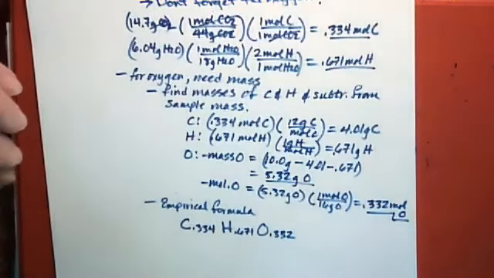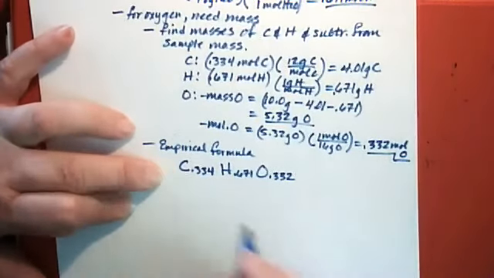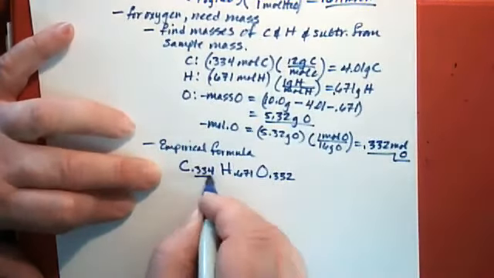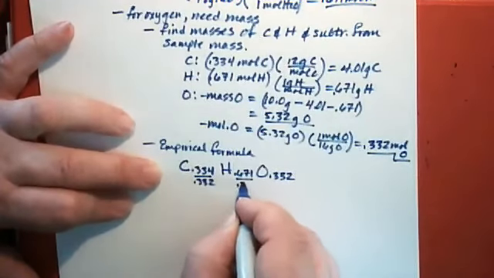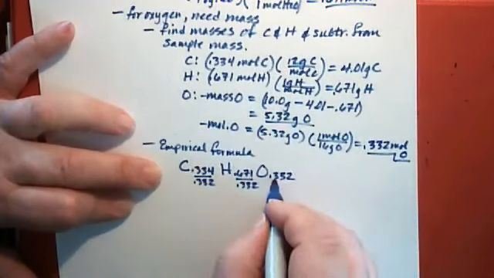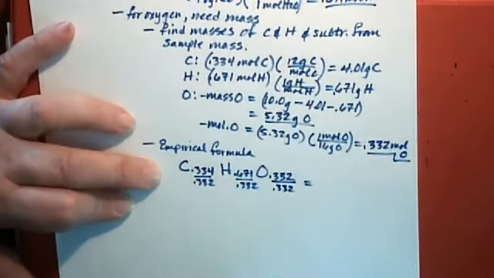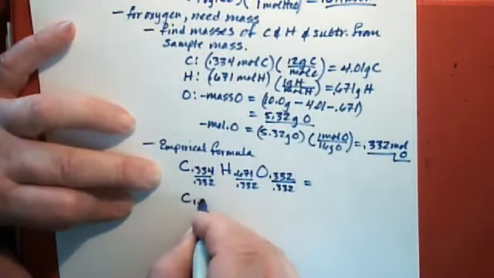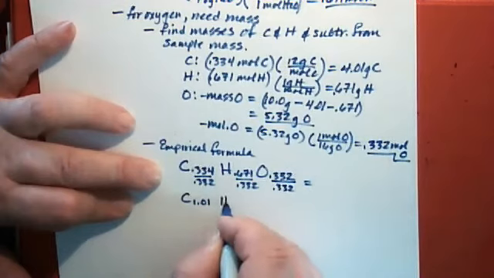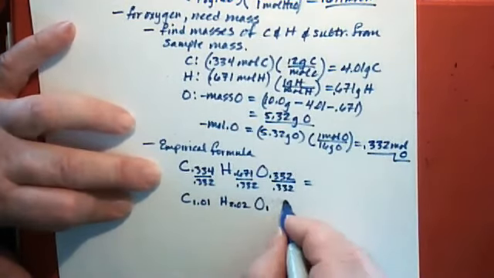And of course, we need whole numbers for these moles relative to each other in order to come up with a proper empirical formula. So you divide all of those moles by the smallest, which is 0.332. And we come out with C 1.01, H 2.02, O1.